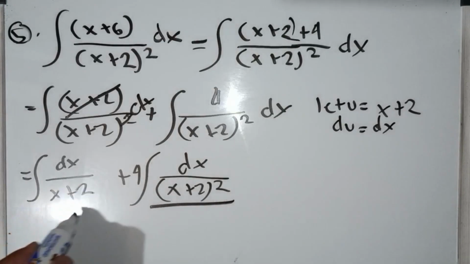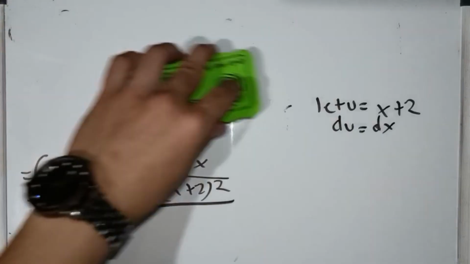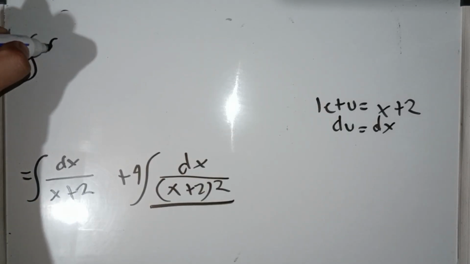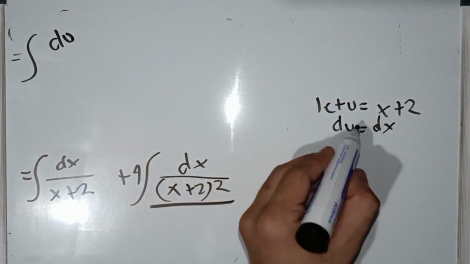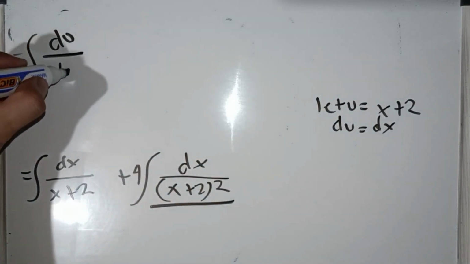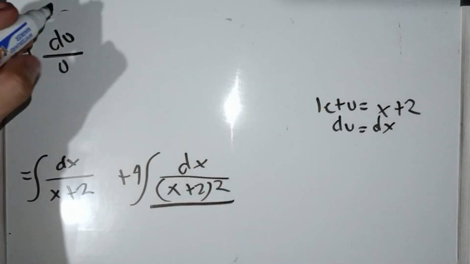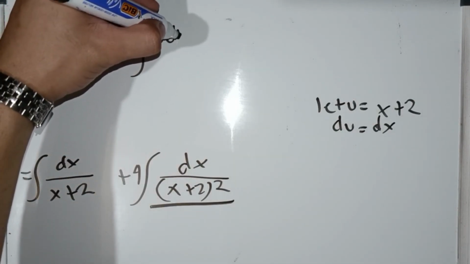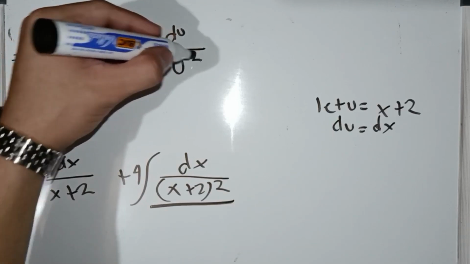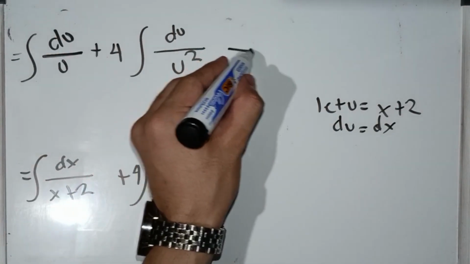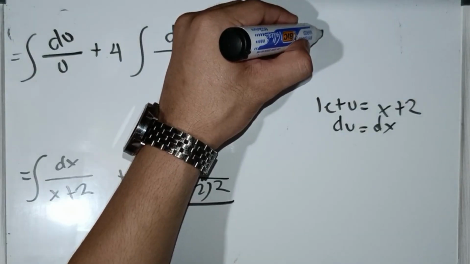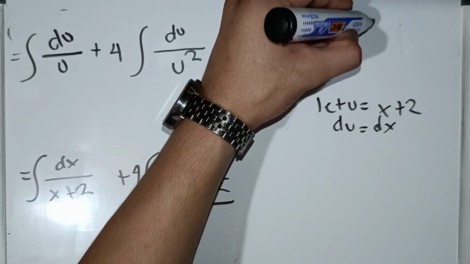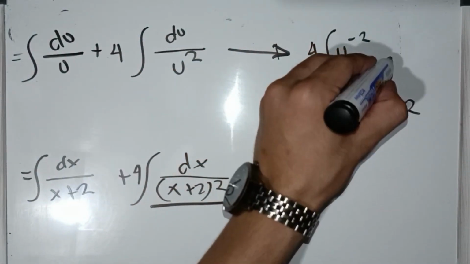So we can now substitute the value of u and du in our function. So substituting, we'll have the integral of du over u, which is equal to x plus 2, plus 4 the integral of du all over u squared. In this function, we can still write it as 4 the integral of u raised to negative 2 du.